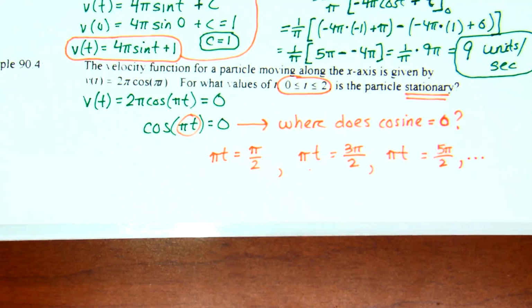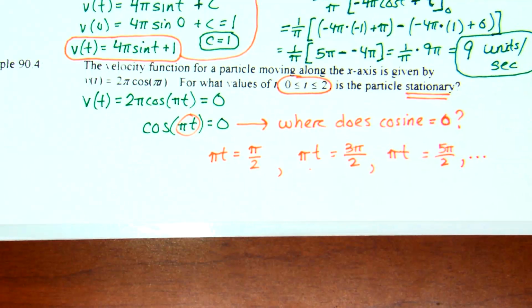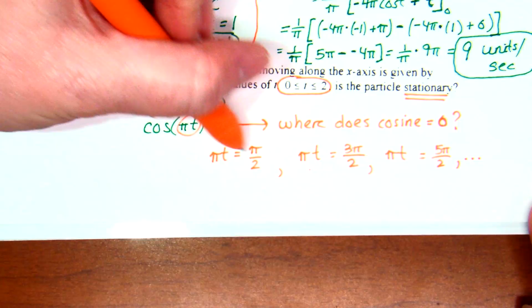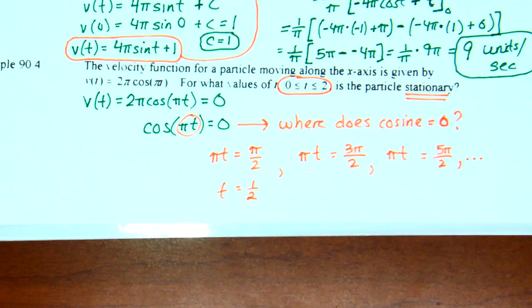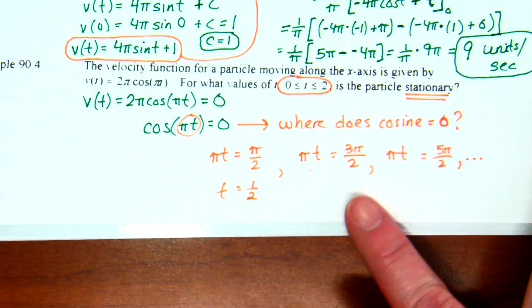So if I say pi t equals pi over 2, what happens when we solve that for t? You divide by pi, the pi will cancel, and you'll get t is 1/2. Is that in the interval? Does this point matter?